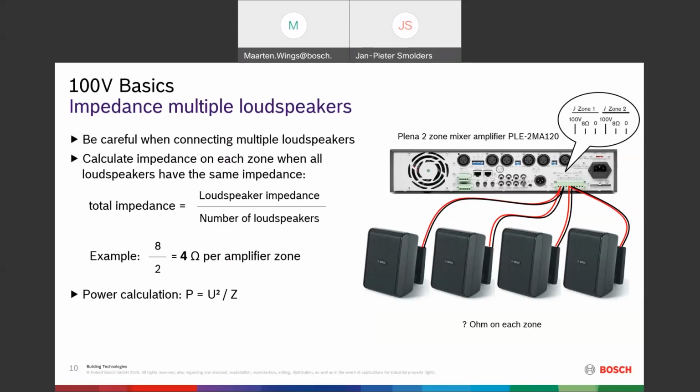Same equation: 31 volts squared divided by 4, and now you see that the load on this amplifier is 240 watt. So basically what we are doing now is overloading this amplifier.